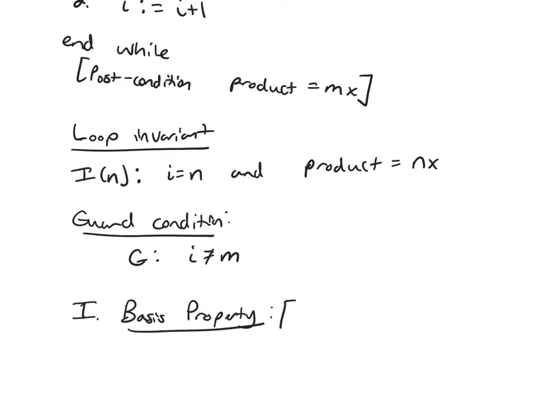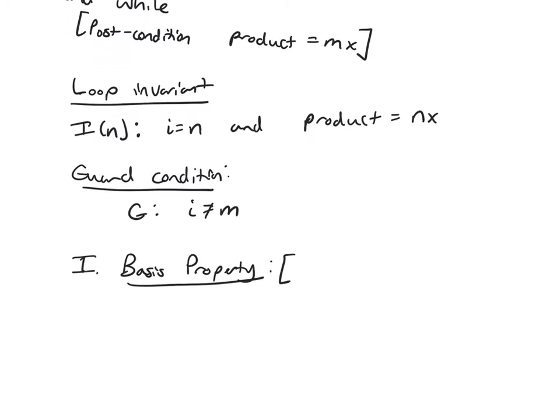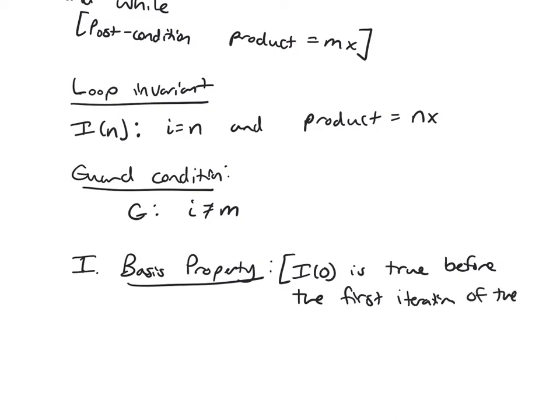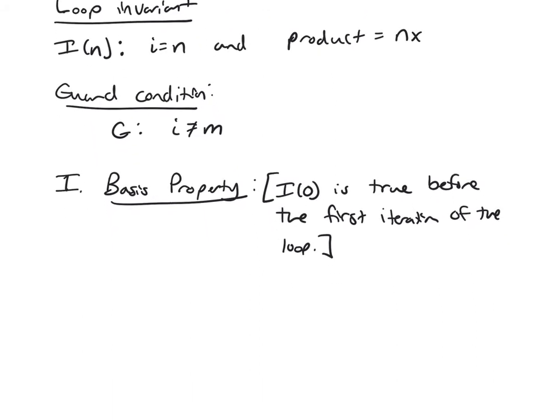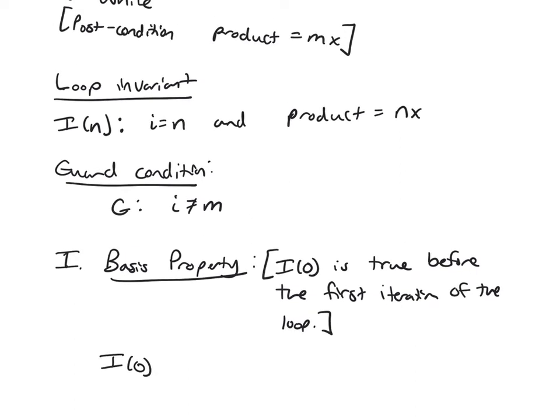I'm going to say what that means here. So for us, we need to show that I0 is true before the first iteration of the loop. So what is I0? If I plug in 0 into my definition for In, it would tell me that I0 is i equals 0, and the product is equal to 0 times x.